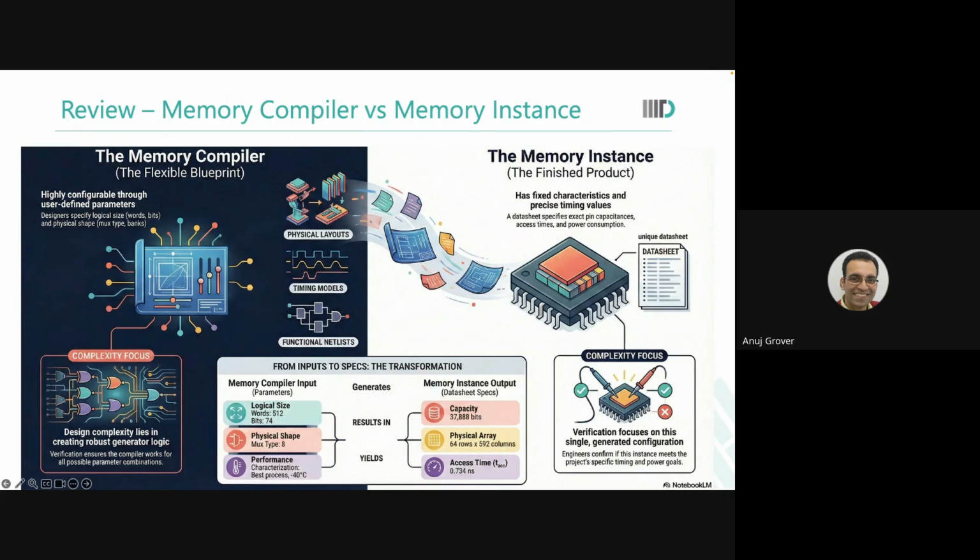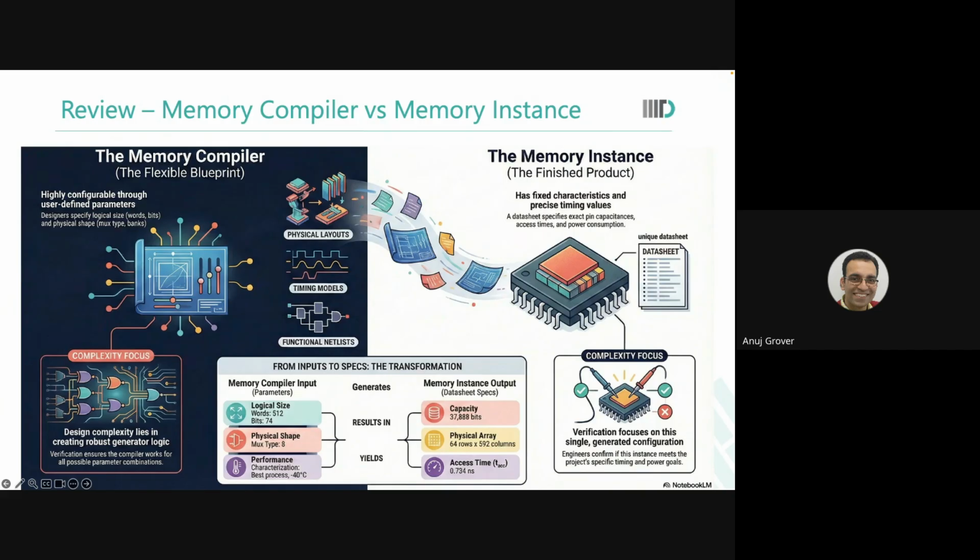But what you are still claiming is that my design is clean, still not usable. So you need an engine to convert these Mat9 views into what are called Mat10 views, where you have a symbol, where you have an abstract view, where you have timing.lib, you have a range of functional models, which could be used for scan insertion, and for so many things that you do at your RTL to GDS flow levels.